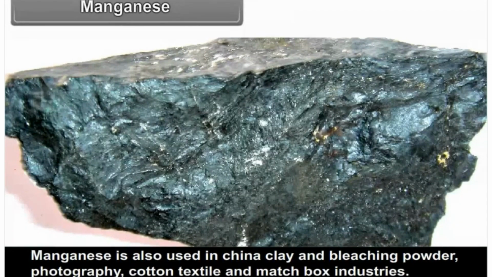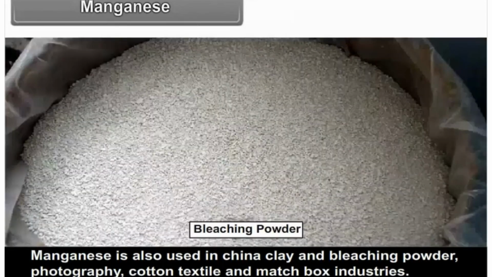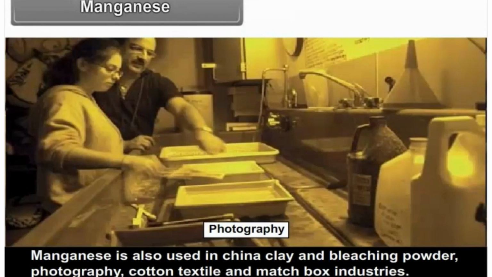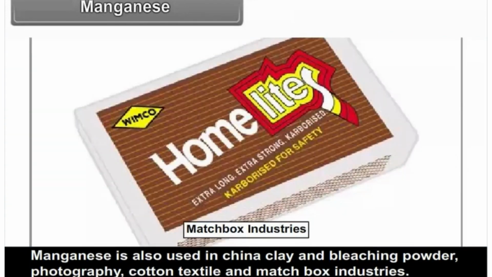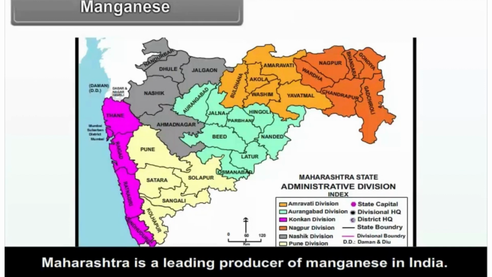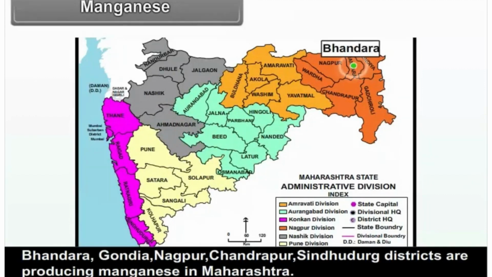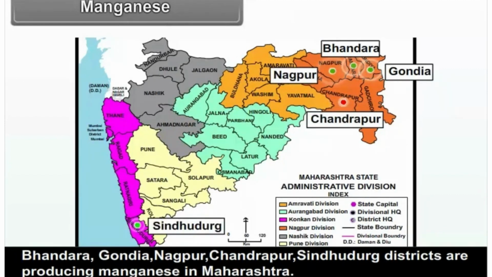Manganese is also used in china clay and bleaching powder, photography, cotton textile and matchbox industries. Maharashtra is a leading producer of manganese in India. Bhandara, Gondia, Nagpur, Chandrapur and Sindhudurg districts are producing manganese in Maharashtra.